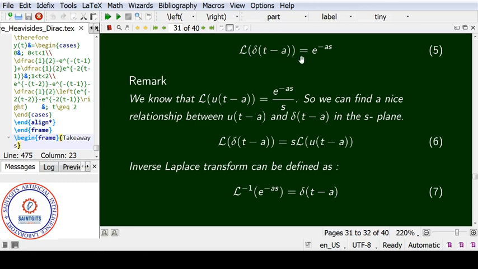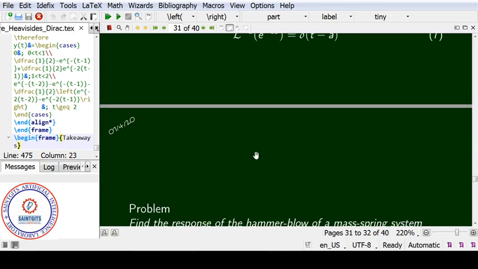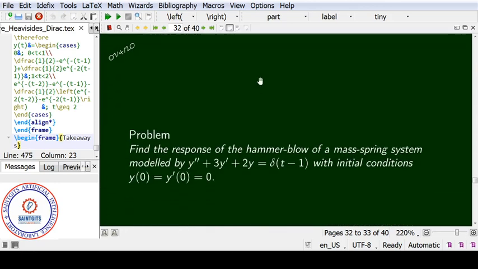We get L inverse of e raised to minus as is equal to delta of t minus a. That is another result. If there is only an exponential function in our transform domain, then its inverse gives the Dirac delta function. That is another observation. So I will solve one ODE using the Dirac delta function and the unit step function.